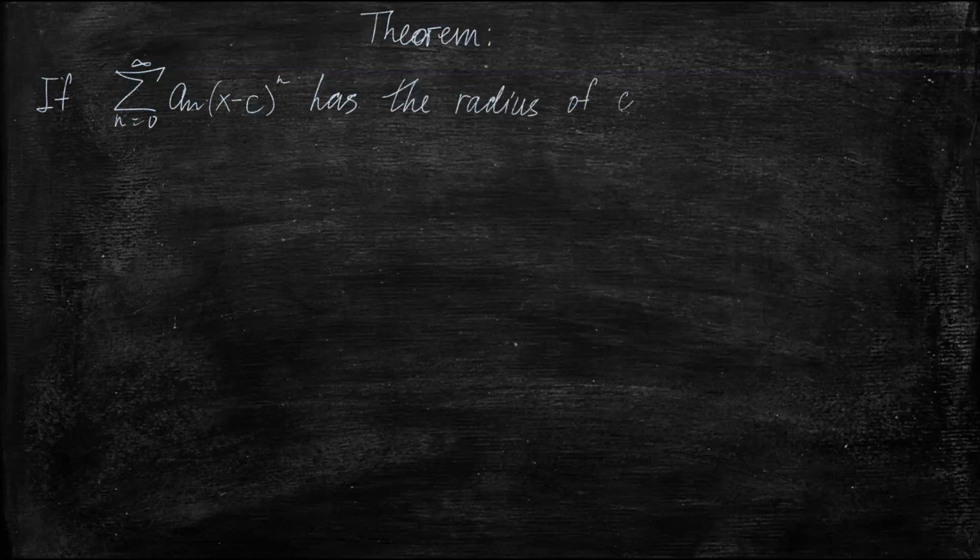The theorem states that if we have a power series such as this one centered at some value c, and the series has the radius of convergence r, which is some positive number, then the following is true.